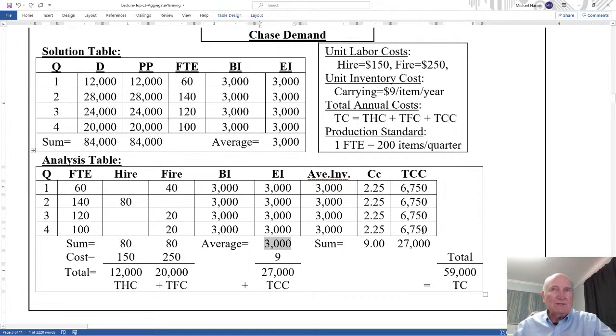But a better answer is, as that carrying cost, as this 9 here begins to increase, and you move to chase demand, the better your FTEs can satisfy your demand, the less you need this inventory. And so if this unit cost increases, then with chase demand or a make to order operation, you can start decreasing it.